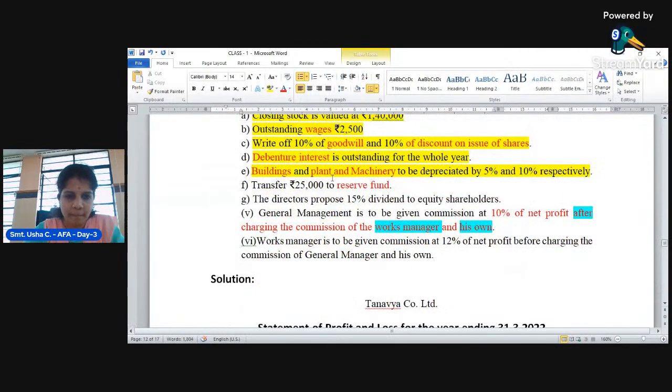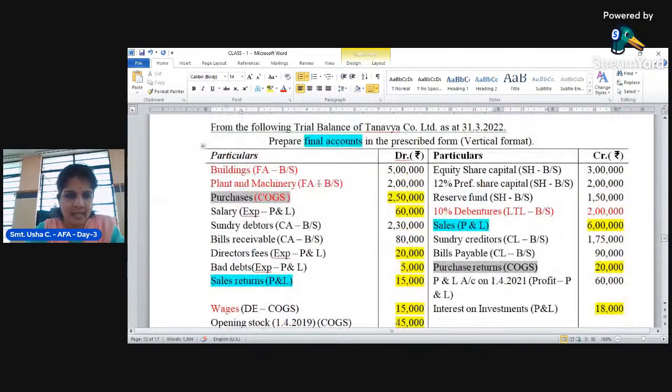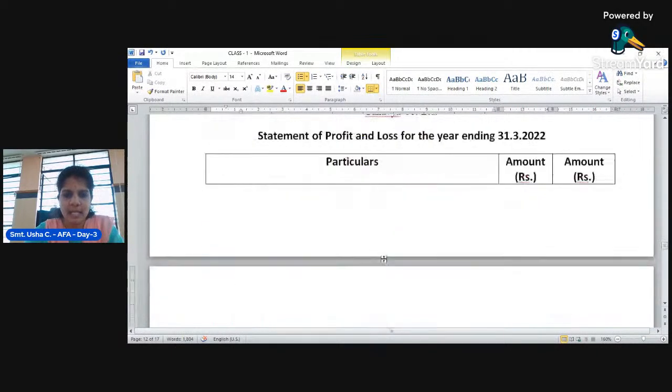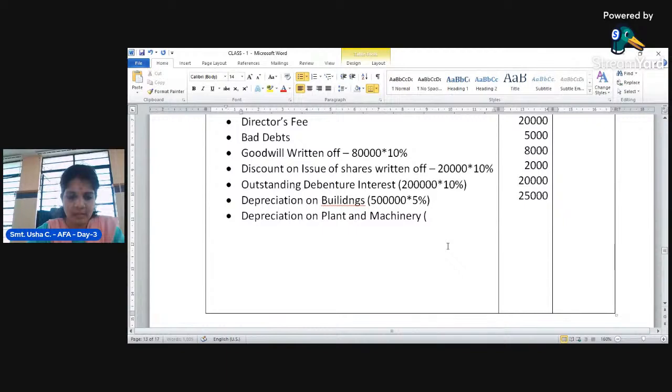That is 10% on plant and machinery, it is 2 lakh, right? 2 lakh into 10% is 20,000.